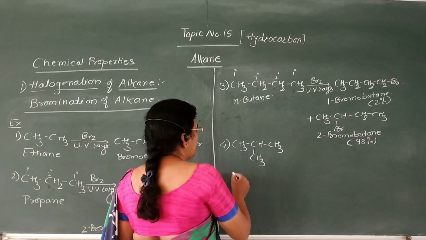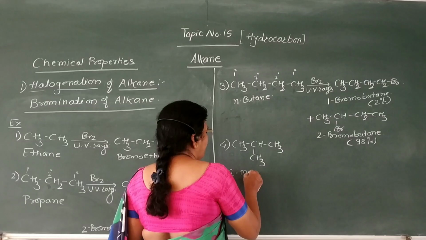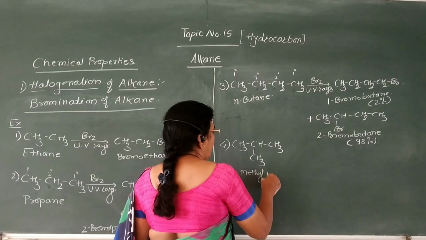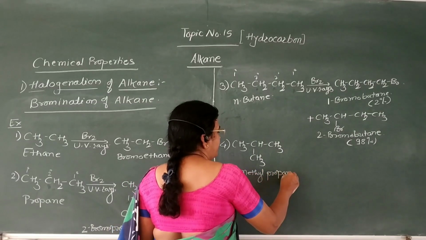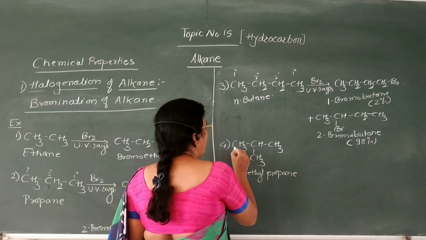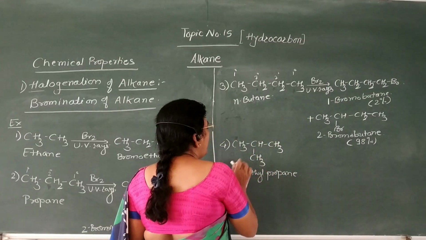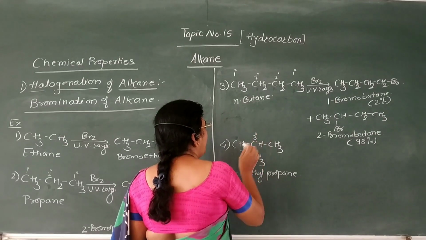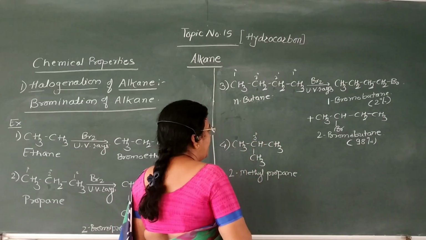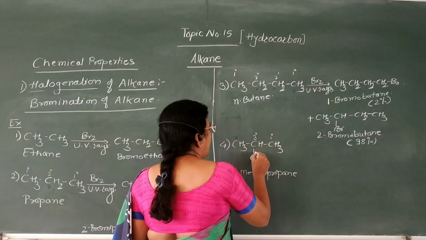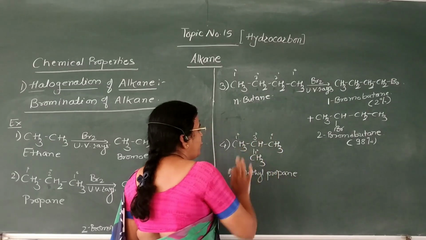Now I take the next example. Now in this case it is 2-methylpropane. Now here, 1, 2, 3, 2-methylpropane. Now here this is a tertiary carbon atom which is bonded to 3 carbon atoms. Now these are primary carbon atoms which are bonded to only one carbon atom.